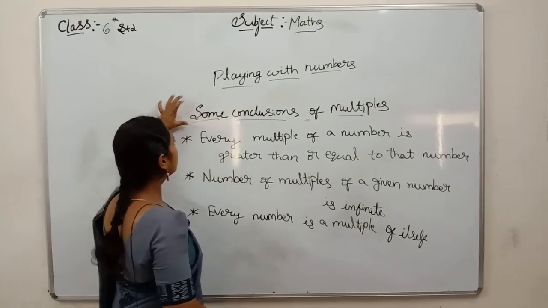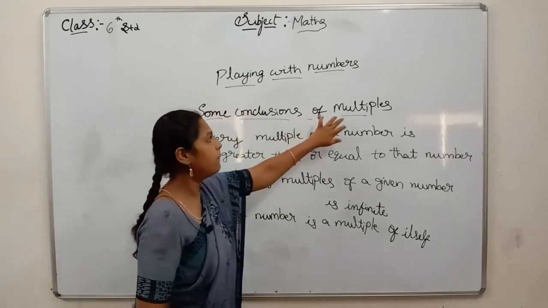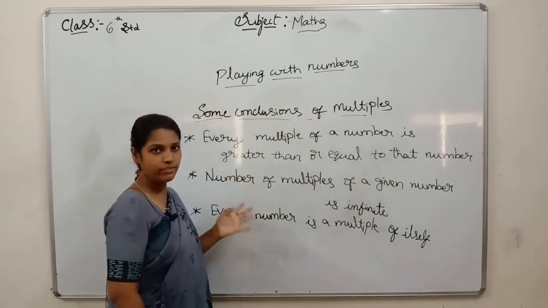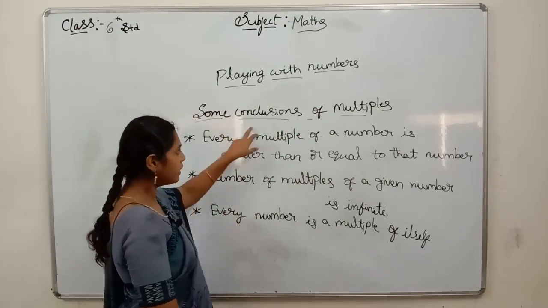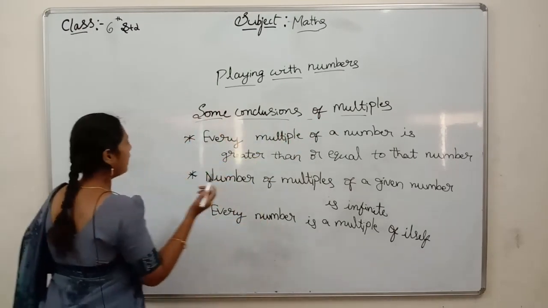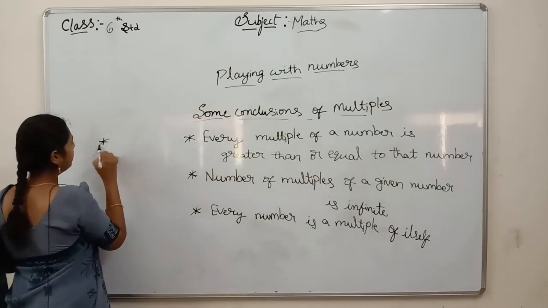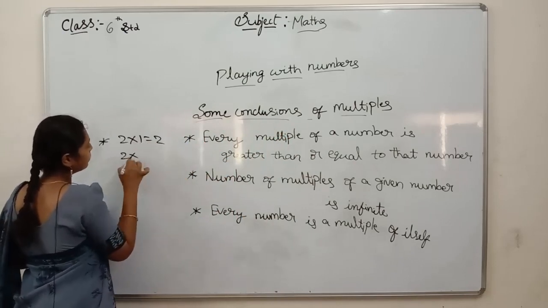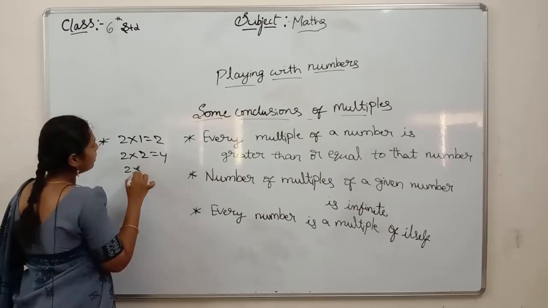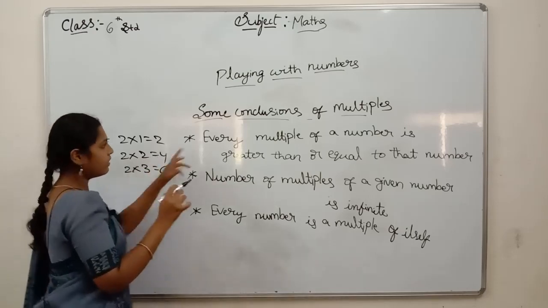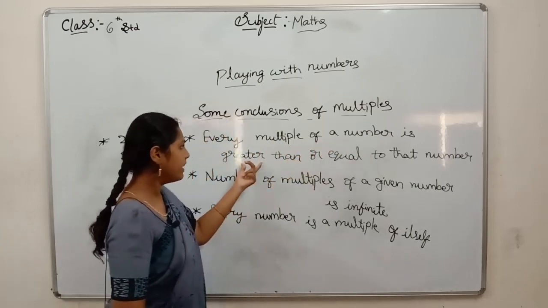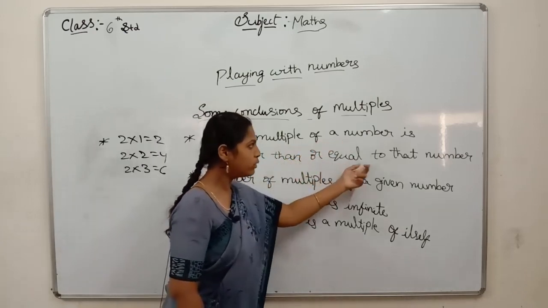See, some conclusions of multiples. We understand how to write multiples and the definition of multiples. Now some conclusions of multiples. I'll take one example: 2 ones are 2, 2 twos are 4, 2 threes are 6. The first one says every multiple of a number is greater than or equal to that number.